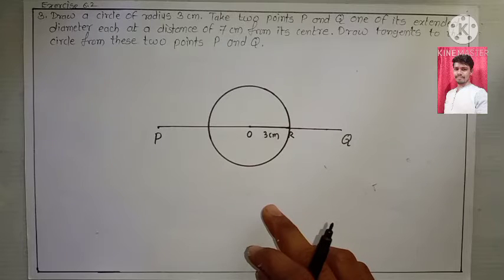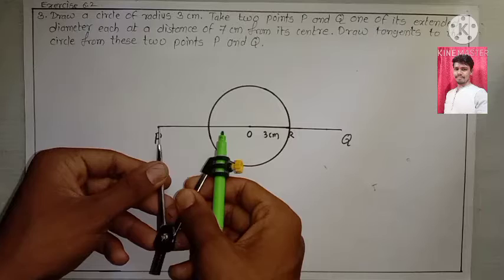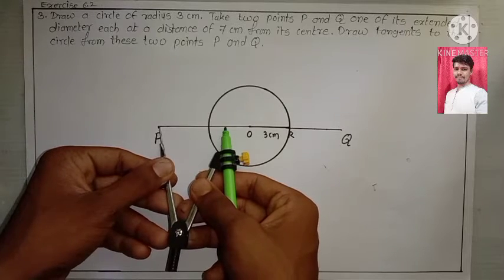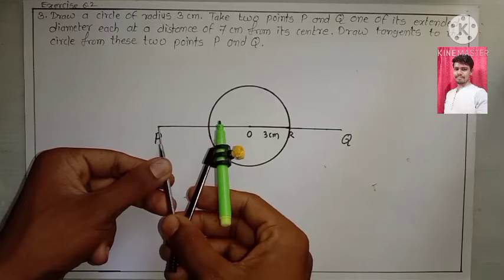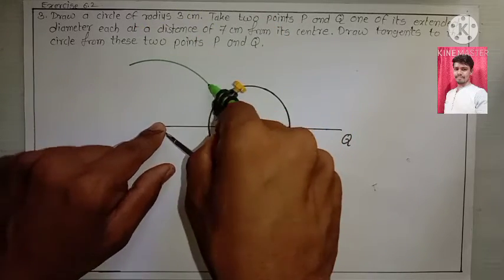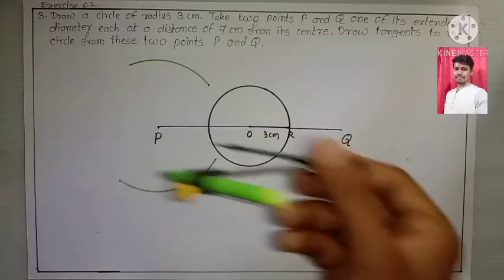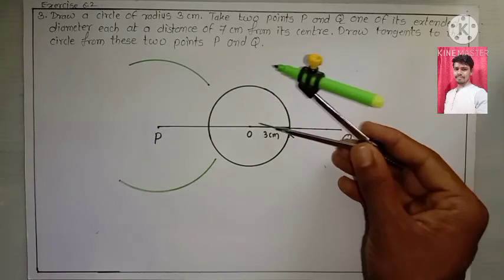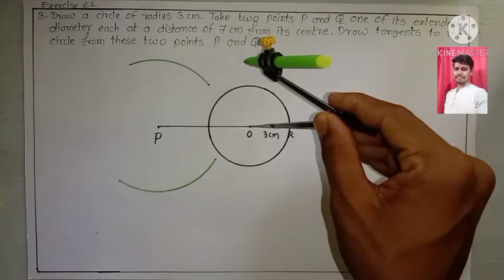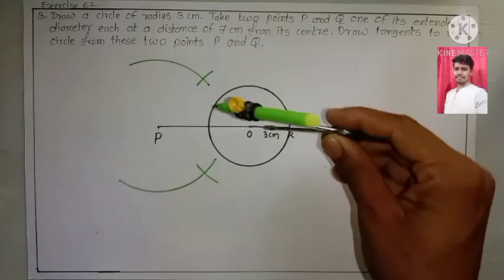In step 4, take more than half of OP, put the needle of the compass on point P and draw one arc upside and the same arc downside. Again put the needle on point O and draw one arc upside and downside, getting intersecting arcs.